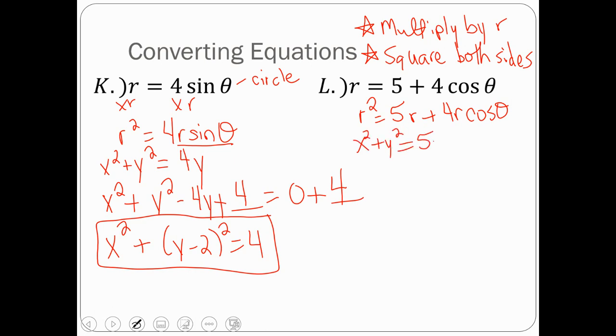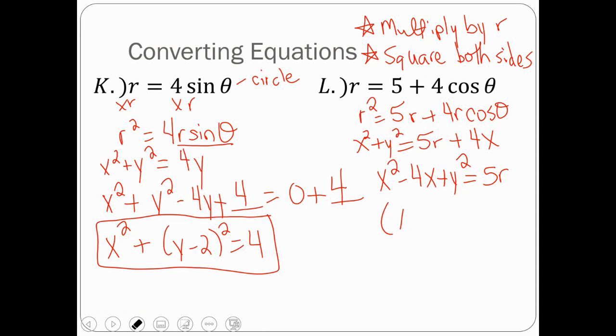I'm going to leave that 5r alone for a minute and then change that to plus 4x. At this point, we still have to get rid of that r. And I would really like to get it into r squared. So I'm going to move that 4x to the other side. And I'm going to make that 5r. Then I'm going to square both sides.